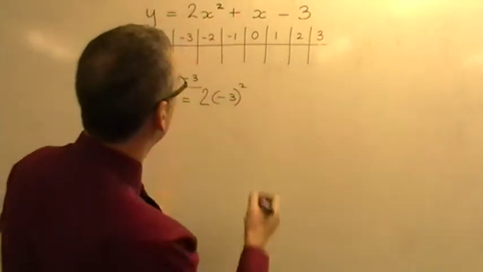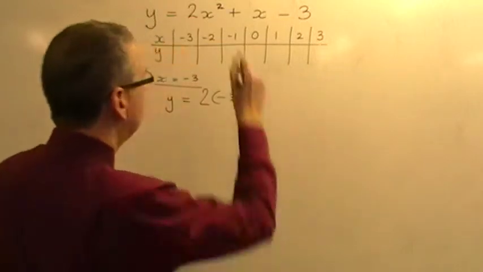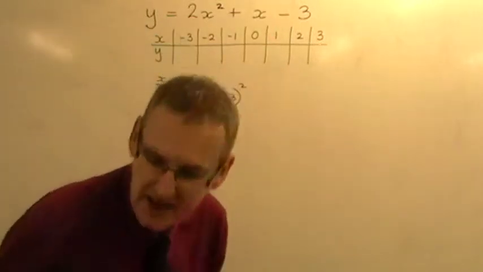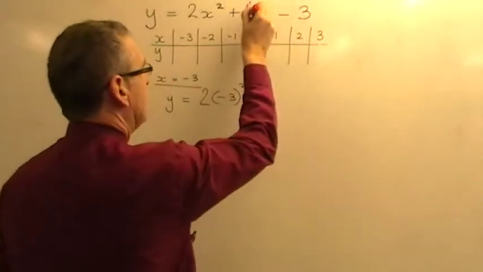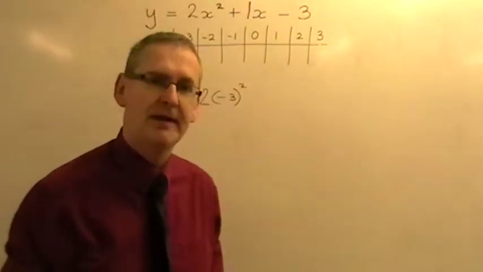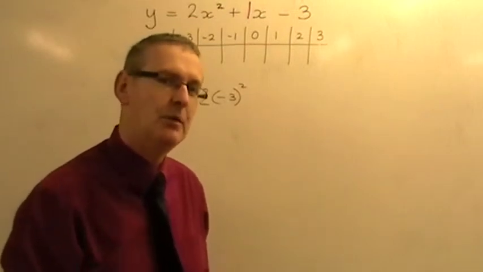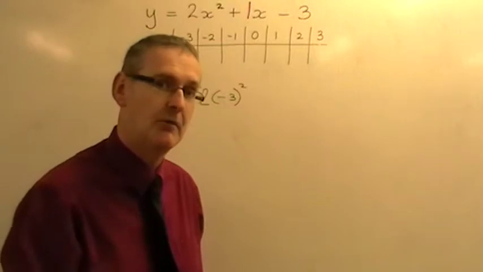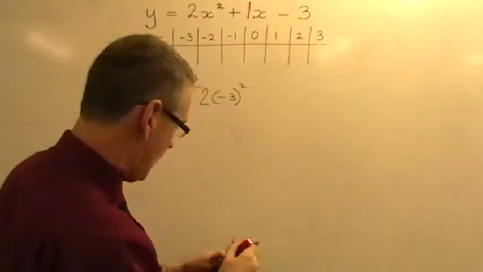Okay, then you have plus. Now a little hint to make life a bit easier for you would be, if you've got plus x, I would strongly recommend you ask yourself, how many x's does that mean? And I would suggest put a 1 in there, so it's plus 1x. If you put plus 1x in, it will make it slightly easier to work out with the negative numbers that follow. Let me show you how. So I've put a plus 1x there.